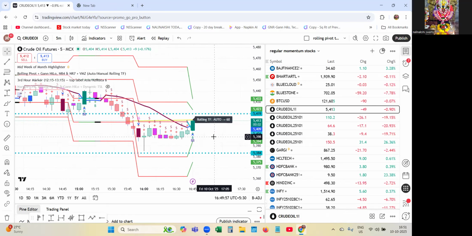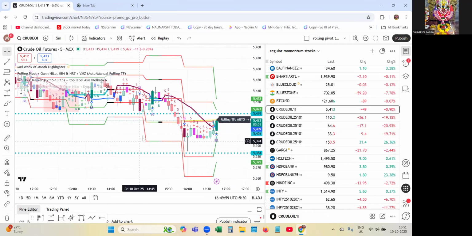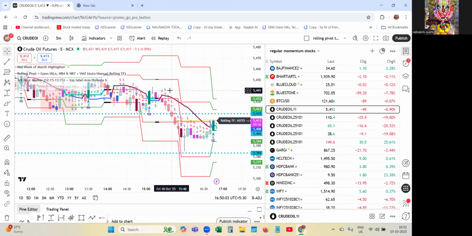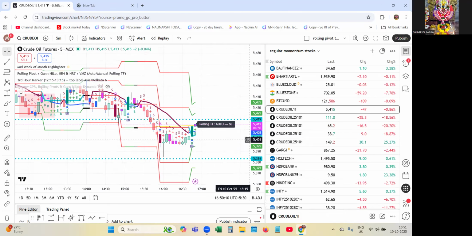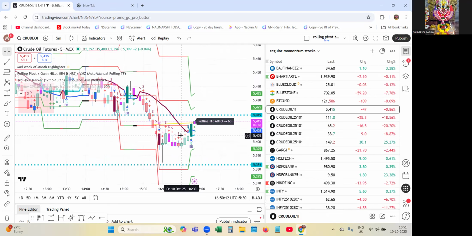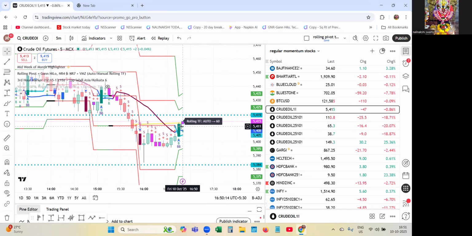Now it is moving. You can consider an up move till 5,441, or it may be a pullback to sell on rally. Now on the live market it is climbing above the pivot, but it has not closed, so you need to wait actually.